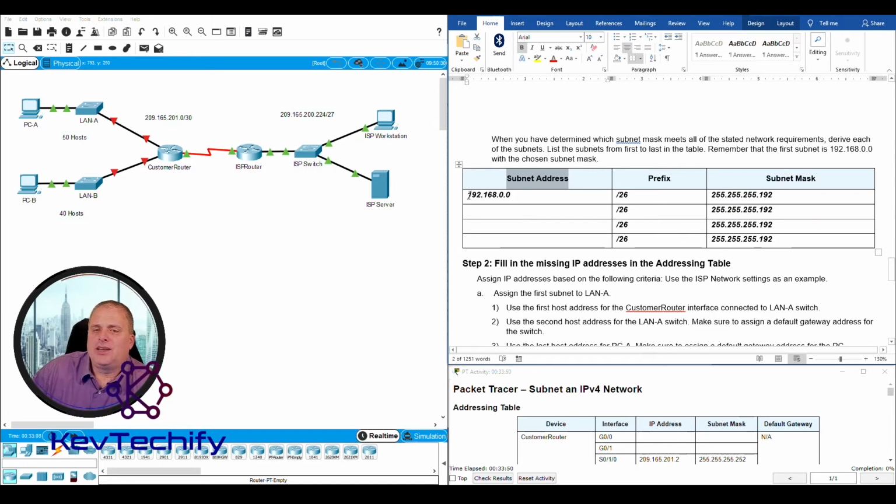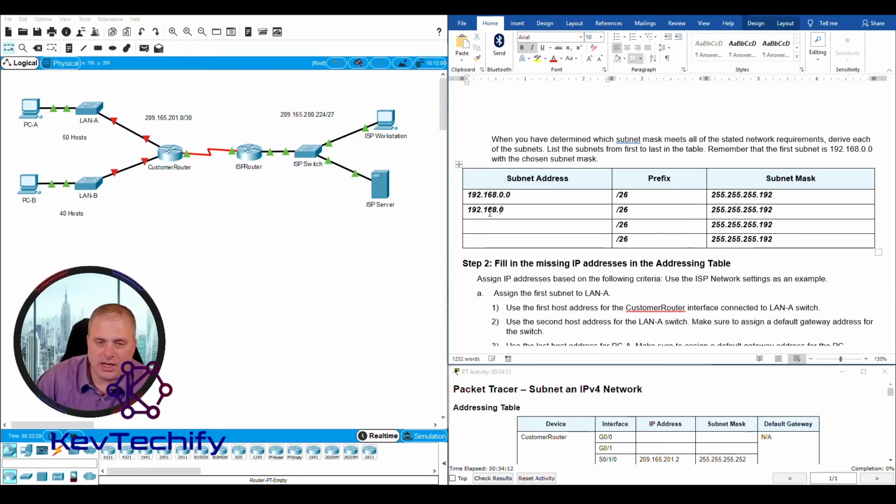Remember, we said we're going to take this entire /24 network. This portion will stay the same in every address, but then we're going to divide this up into 4 locations. Because the /24 stays the same, we can't do anything with those first 24 bits. Those all stay the same.